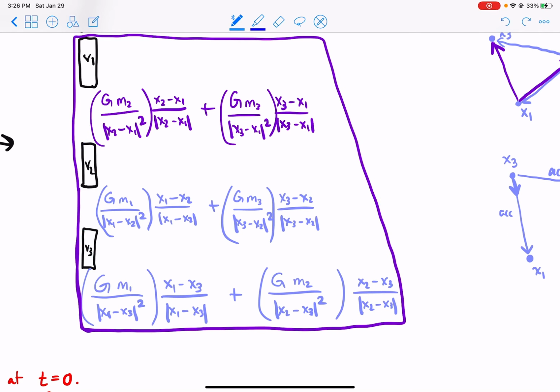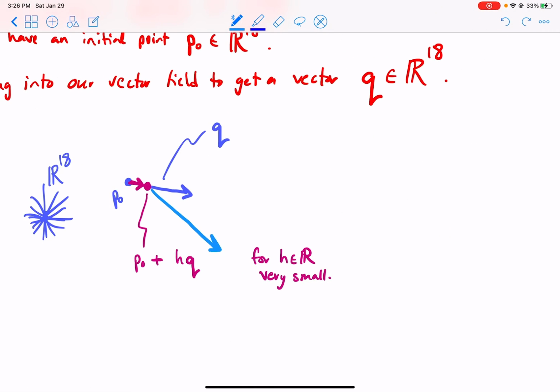It's not Q anymore, it's slightly different than Q. It points in a slightly different direction. So then we move a little bit in that direction, and we get to this point. Maybe we'll call this Q0, and this vector Q1, and this point P1. Anyway, the naming of this is not important, so I'm just going to stop.